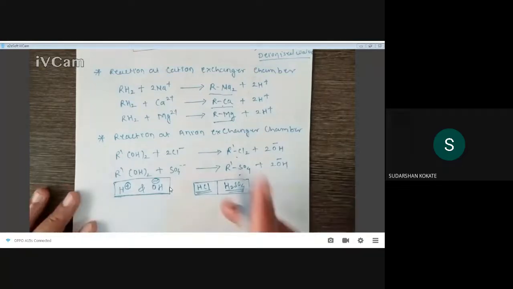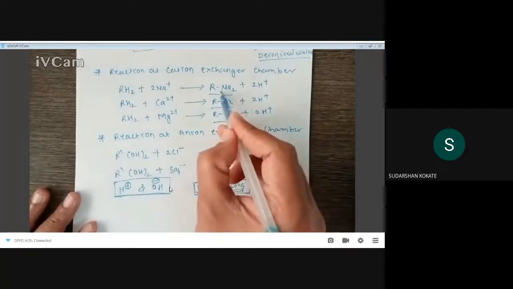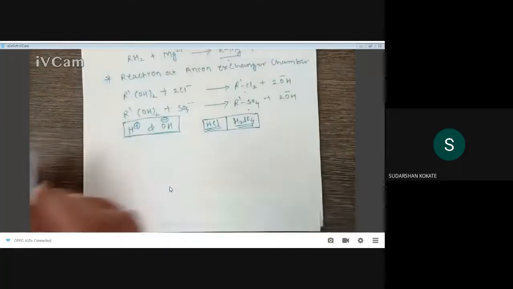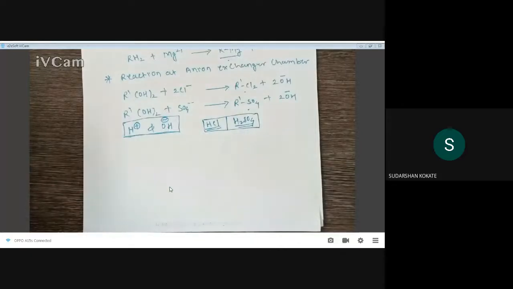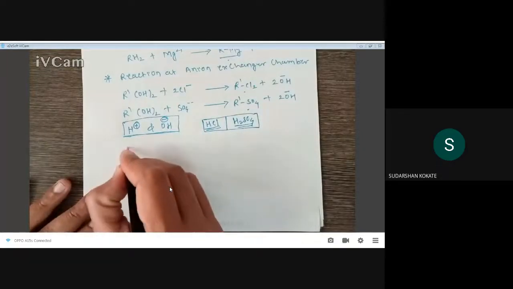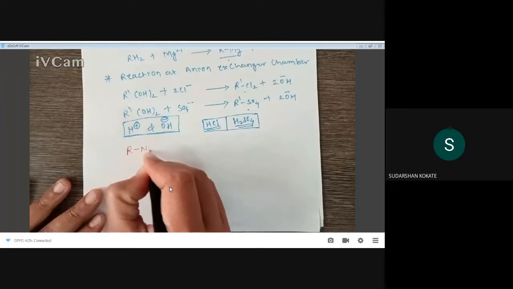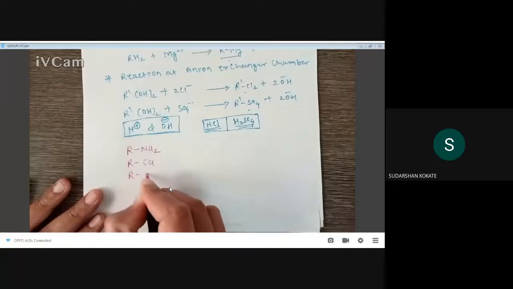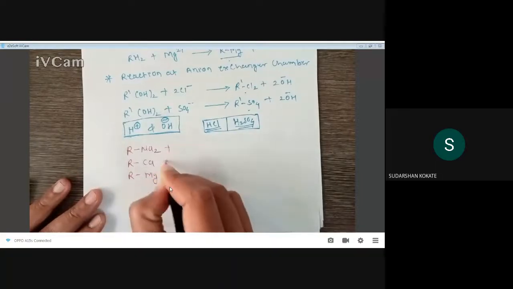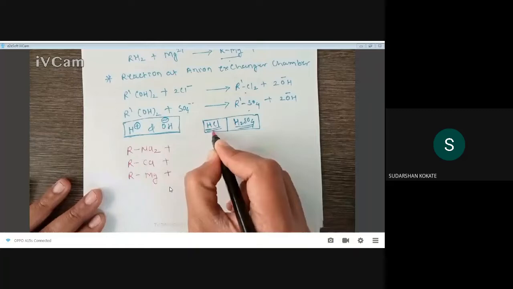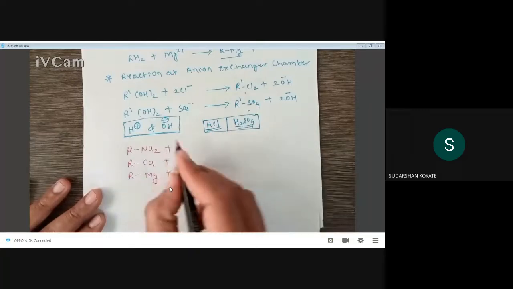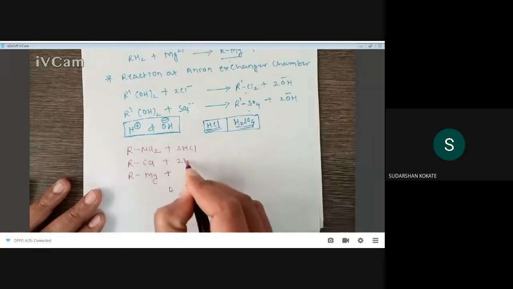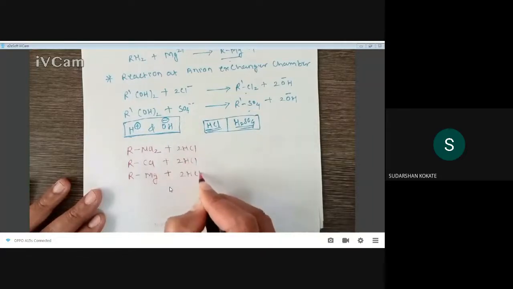See, for example, these are the exhausted species R-Na2, R-Ca and R-Mg, right? So these are the regeneration reactions. R-Na2, R-Ca, R-Mg plus dilute hydrochloric acid or sulfuric acid: twice HCl, twice HCl, twice HCl.